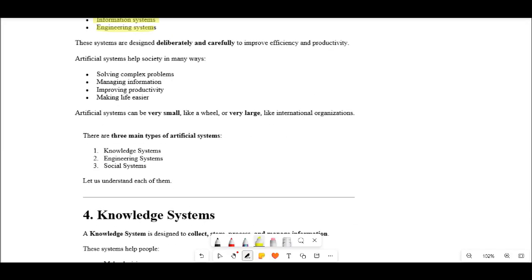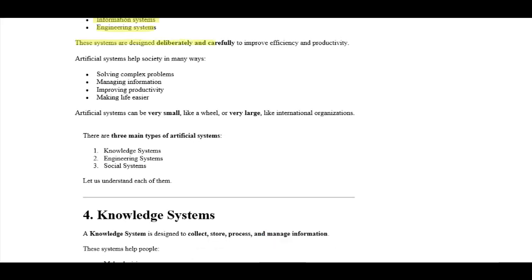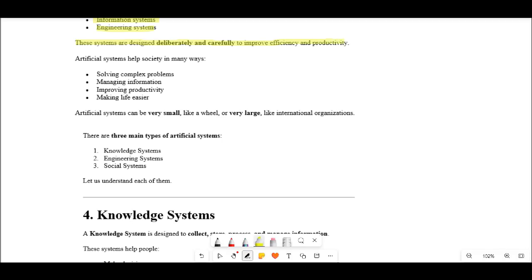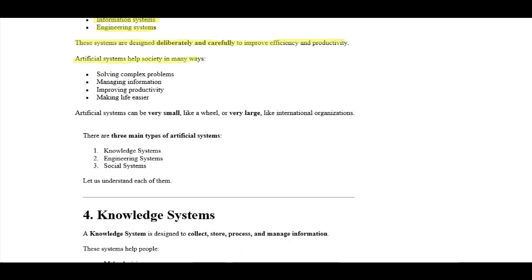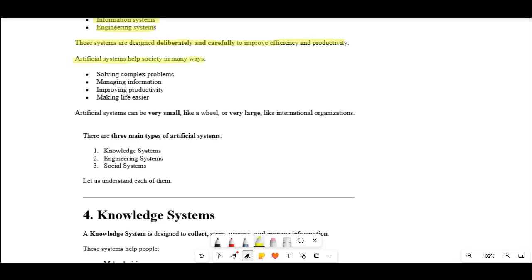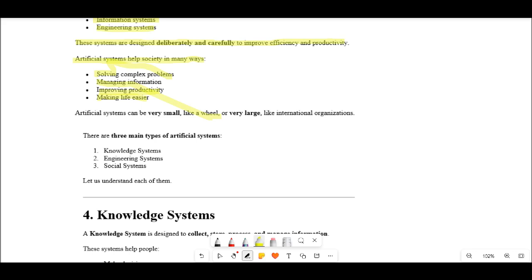So by now we have come to understand that these systems are designed deliberately and carefully to improve the efficiency and productivity of human beings. And artificial systems help society in many different ways, such as solving complex problems, managing information and improving productivity, and also making life easier for people.